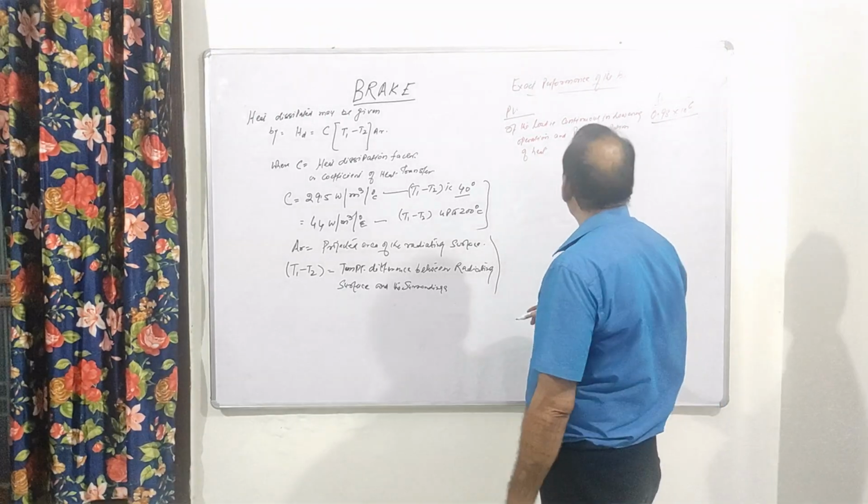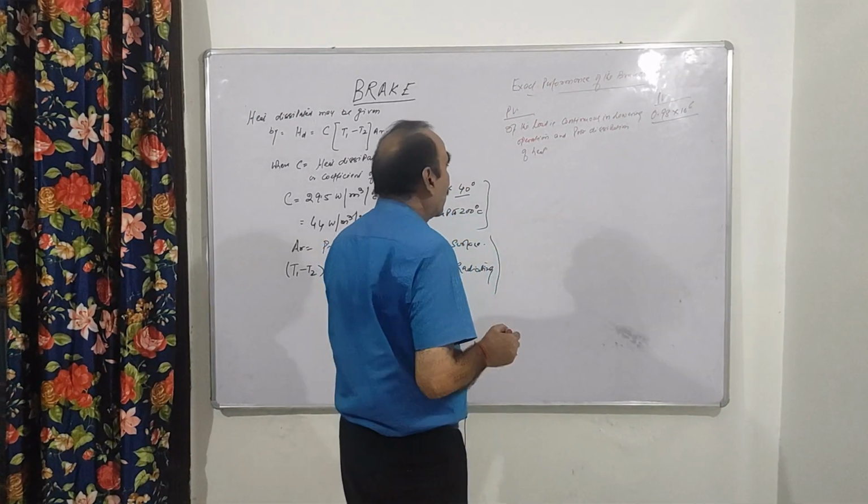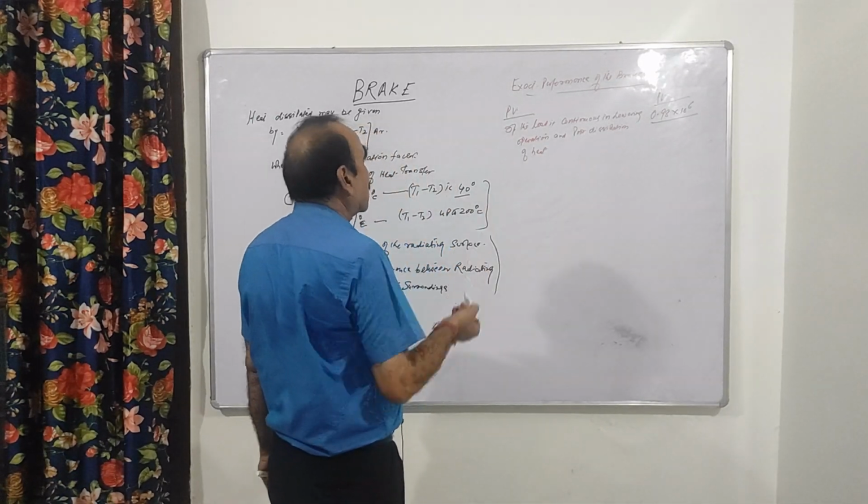So this is the value of PV if the load is continuous, lowering operation, poor dissipation of heat है.